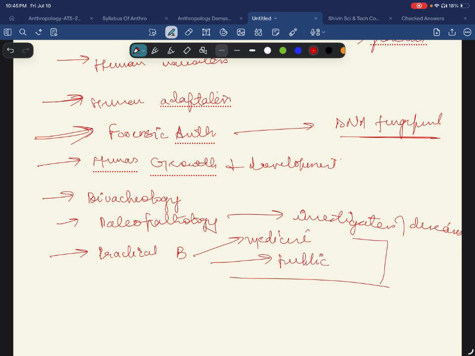If I'm an anthropologist and I look from a doctor's perspective, it might be different from a person who is a physical anthropologist, right? We study genetic diversity.